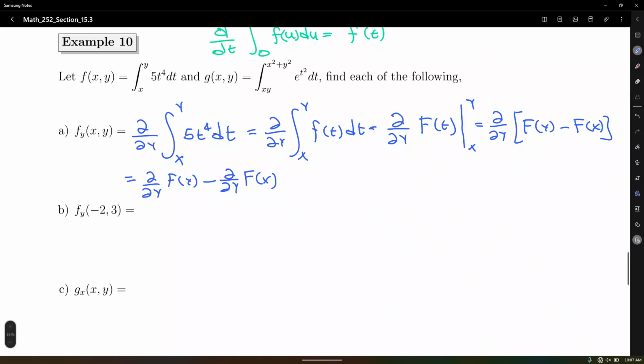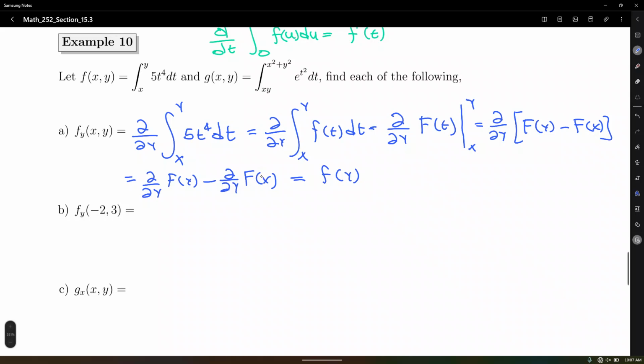Big F of y differentiated with respect to y isn't that going to become simply little f of y? Big F becomes little f. But what about here? Some function that contains only the variable x, nothing else. So this is what big F of x indicates. It's any expression that contains x.